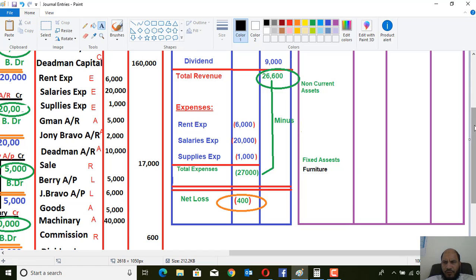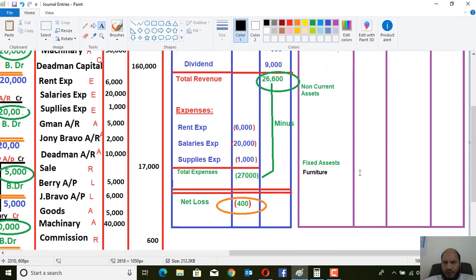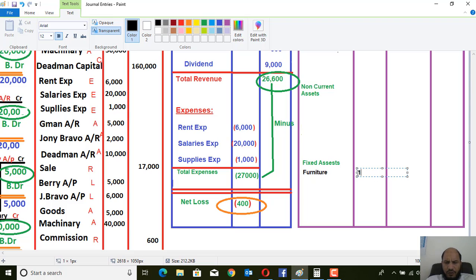Furniture 10,000 and machinery 50,000. Then we have another account title, machinery. The amount is 50,000.